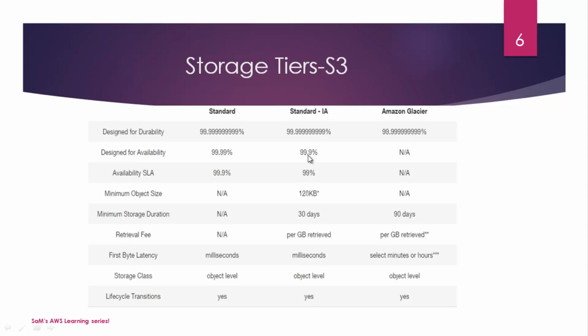The best use case for S3 IA is this: you don't frequently use the data, but when you need access to the data, it should be available rapidly without any delay. In that case, people can go with standard IA. The main difference between standard and IA is that you will be paying very less for IA compared to standard. So this is very cheap.